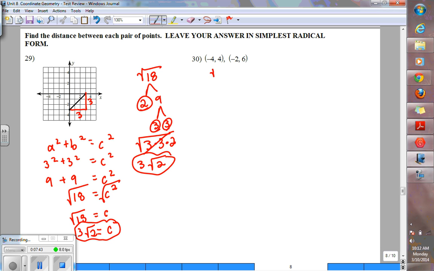Okay, over here, again, the distance formula. It's just a modified Pythagorean theorem.